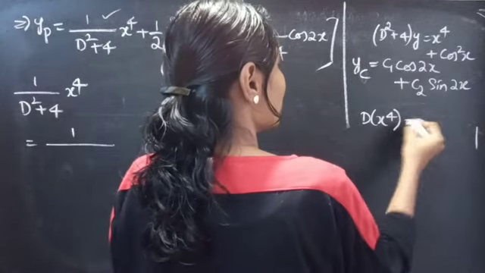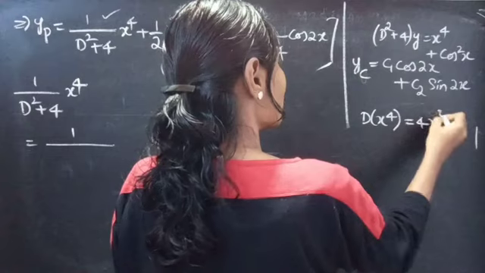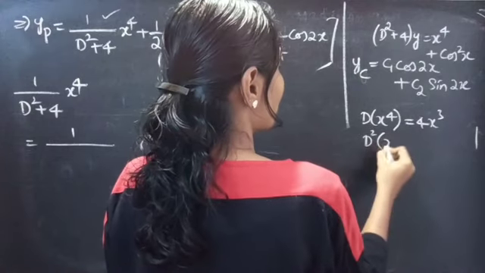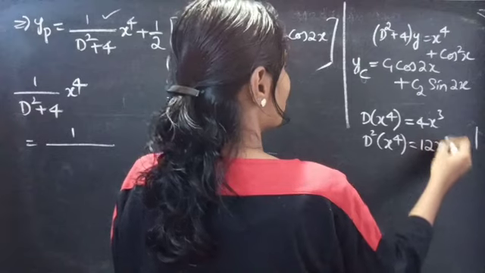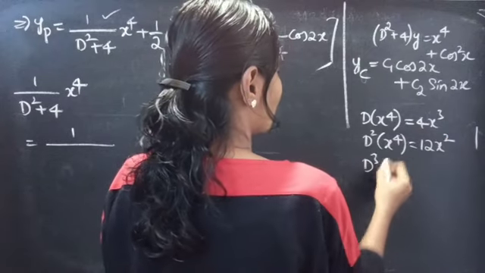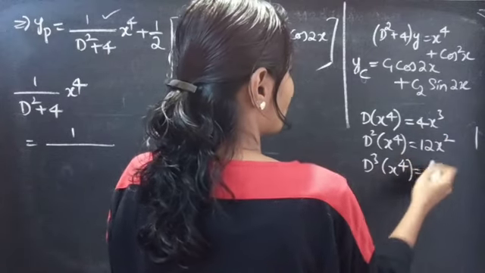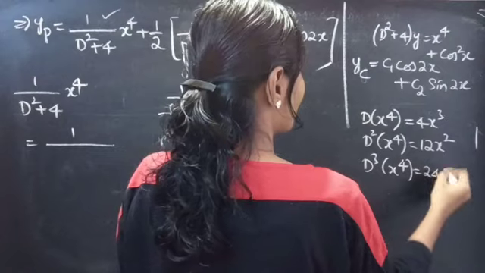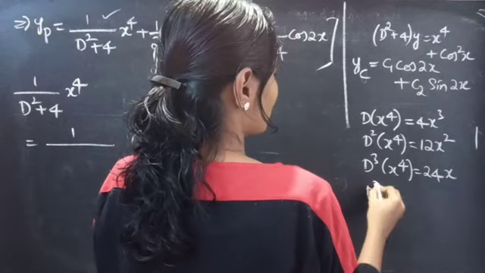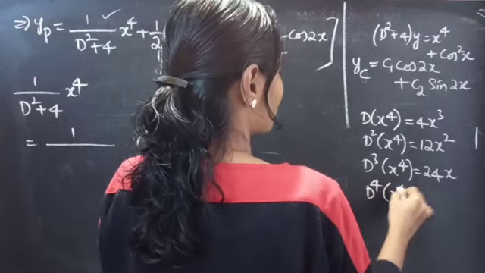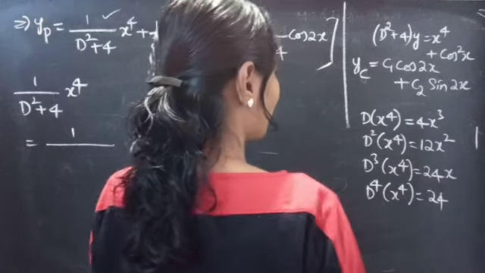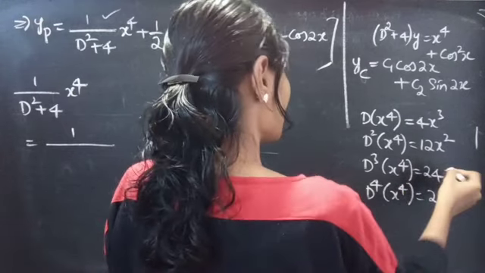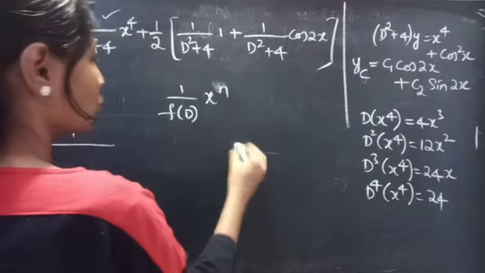Derivative of x power 4 is 4 into x cube, and d square of x power 4 is 4 3s are 12 into x square, and d cube of x power 4 is 12 2s are 24 into x, and d power 4 of x power 4 is 24. I'll show you in detail.